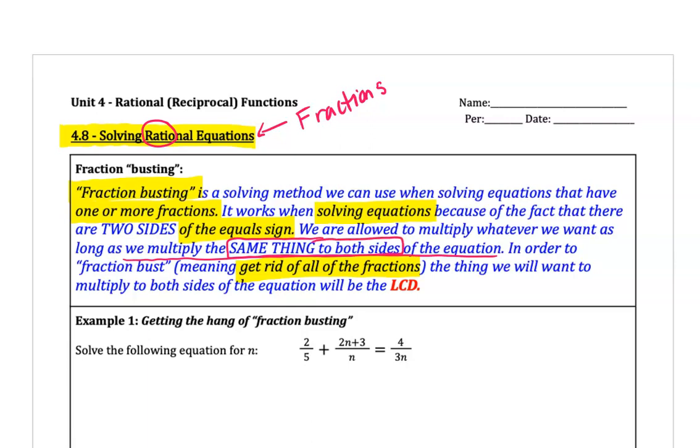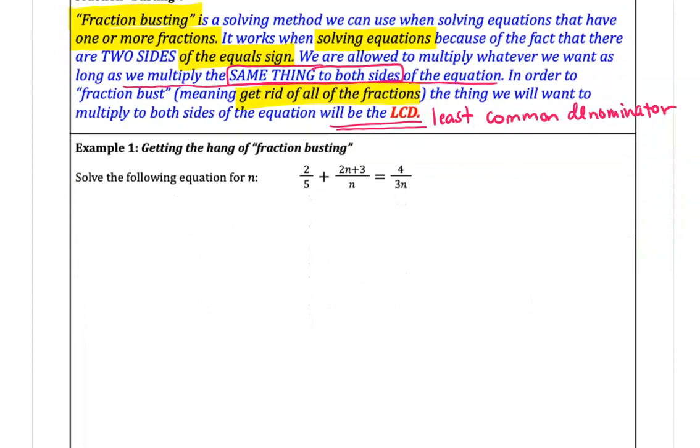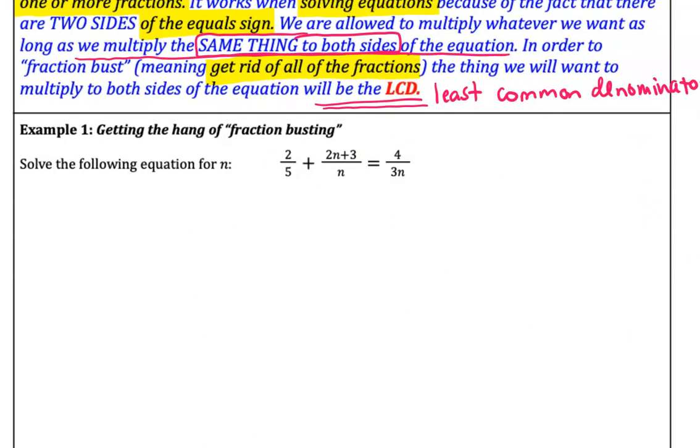So the same thing that we're going to multiply to both sides in this context is going to be the lowest common denominator, because that will allow me to get rid of all my fractions and also satisfy the multiplication property of equality. So I want to just start off with a simpler one just to kind of get the hang of what I mean by fraction busting.